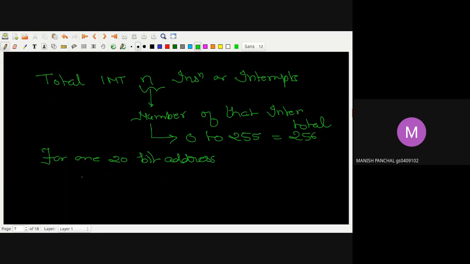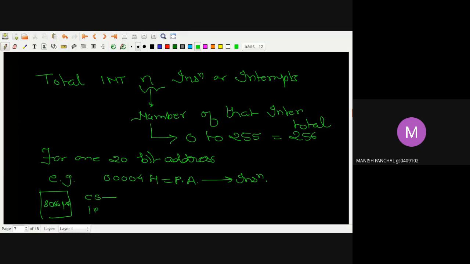For example, let's take one example where my vector location for any interrupt is something like 00004H. This is the physical address for an interrupt. If I divide this physical address, how does this processor, the 8086 MP, put the value into the code segment and IP?